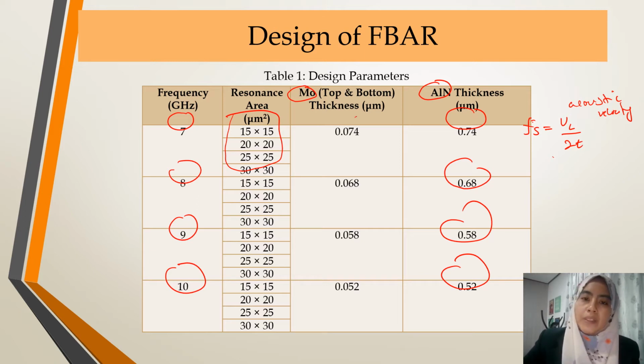So how do we define the top and bottom thickness? From our previous work as well, it has been proved that the ratio of 0.01 between the piezoelectric film and the electrode is the best optimized ratio. So that's why we use 0.0474 for the 7 gigahertz. The same method is applied for all the frequencies here.